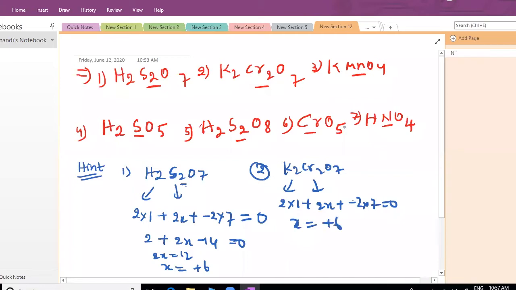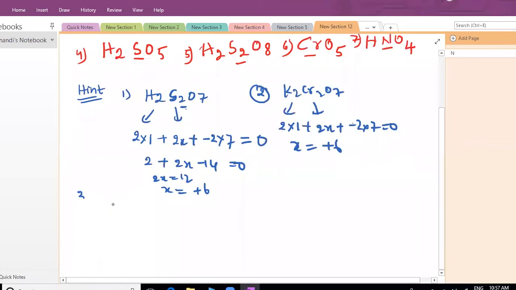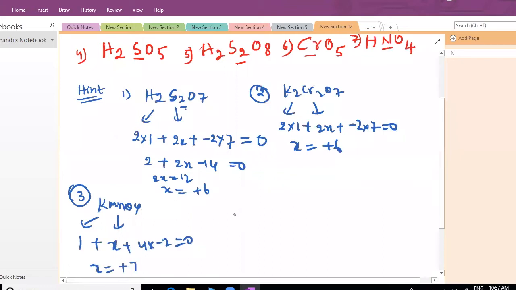Then third, KMnO4. K is 1 plus Mn is x, plus 4 into -2 equal to 0, then x equal to +7. Then fourth one, from here onwards exceptions, please note down the structure.